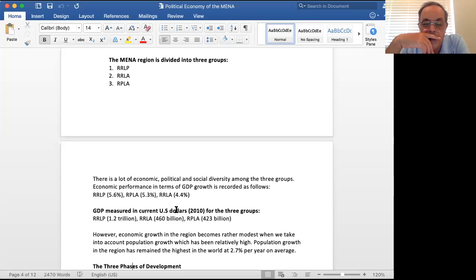Especially when you see that in the resource rich labor abundant, you have 3 countries that are supposed to be one of the biggest industrial powers in the region, like Iraq, Iran, and Algeria.